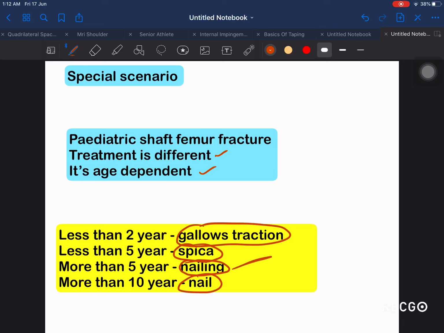Now, let's look at the difference between these two nails. For the 5 to 10 year age group, we have two options of elastic nail: one is TENS, the titanium elastic nail system, and one is Enders, which is a little stiffer. The other nail here is the interlock nail.